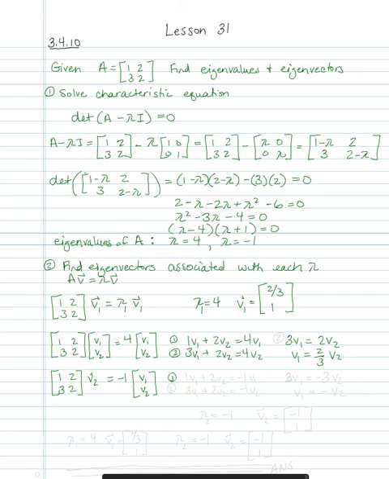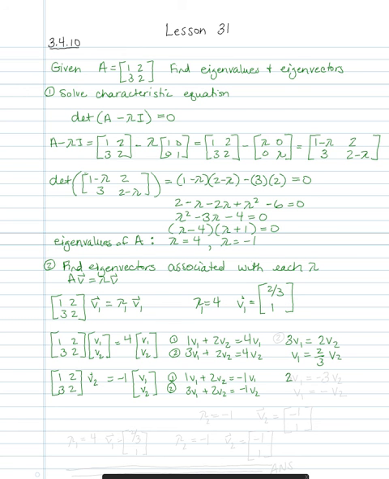Equation 1 is 1v1 plus 2v2 equals -1v1, and equation 2 is 3v1 plus 2v2 equals -1v2. Then we use the same process as we did before, using the second equation to solve for v1.